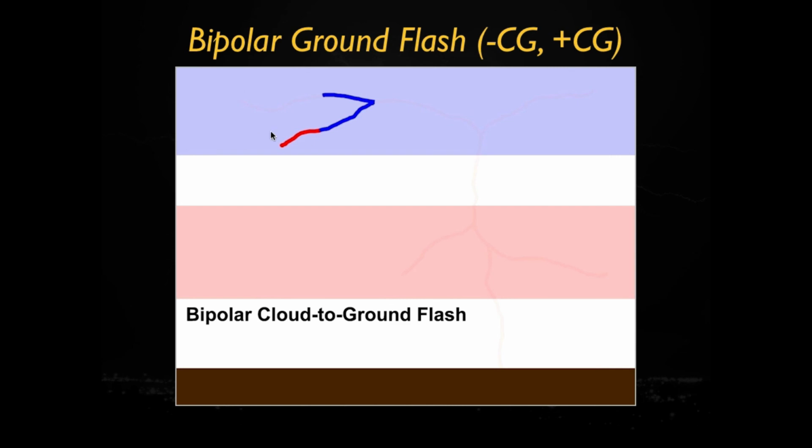This leader decays, and as we've shown numerous times, we can get a recoil leader on a decayed branch. In this particular case, we're hypothesizing that the negative end of the recoil leader could come to the branch point, and like we showed, sometimes they propagate outward instead of continuing back towards the flash origin.